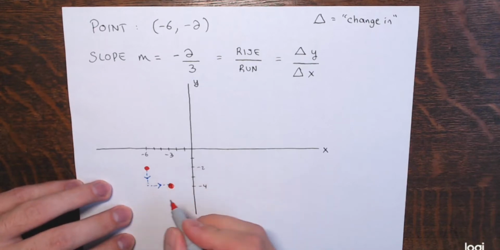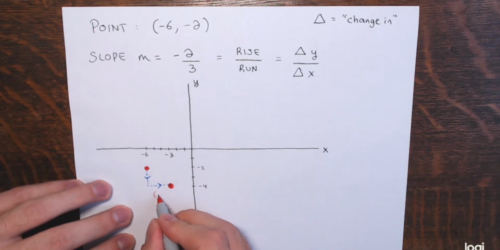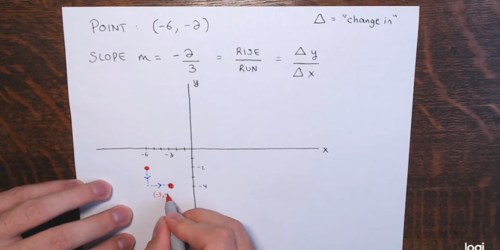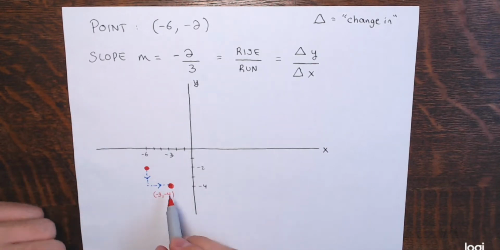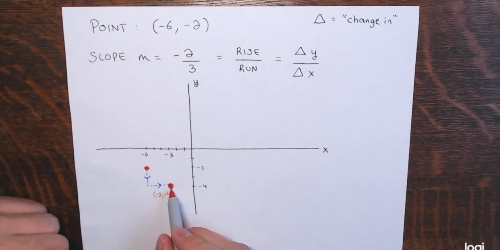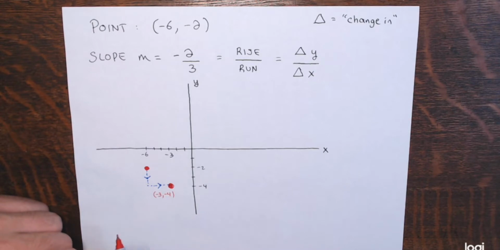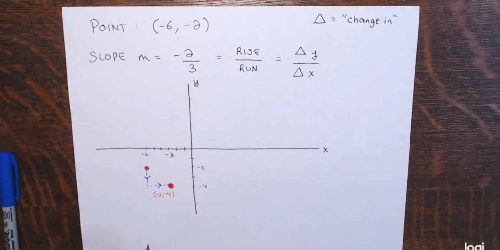At this point, the coordinates would be negative 3 for the x, negative 4 for the y. And you can keep doing this. Just keep going from any point on the line down 2, right 3, down 2, right 3, and so on, plotting more and more points. But you'll notice that every single one of these points will be on a straight line.